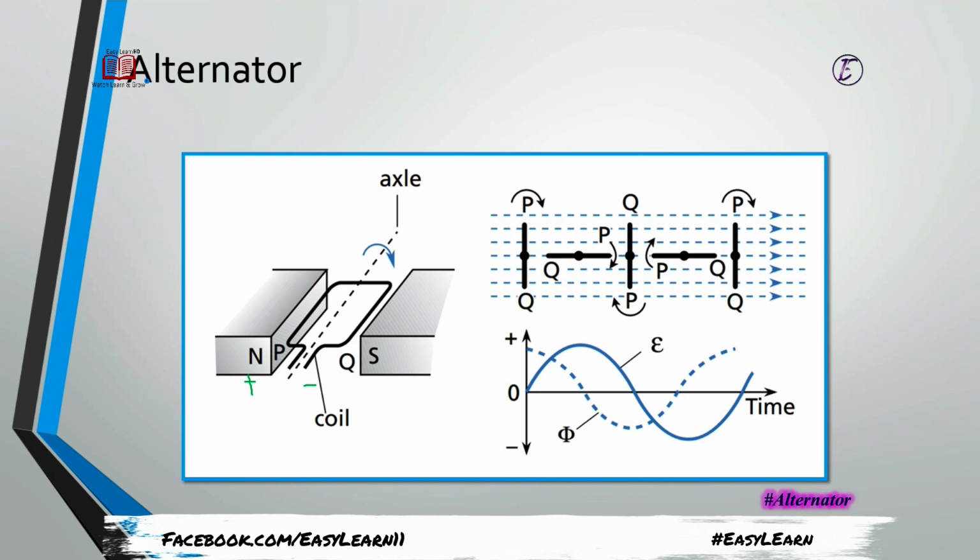This is the coil that rotates on a fixed axle, and when it completes a cycle this way, the side view we discussed in the previous case was like that, P, Q, and then P here, marked positive and negative. This is what we obtain with the passage of time, the flux and the EMF.